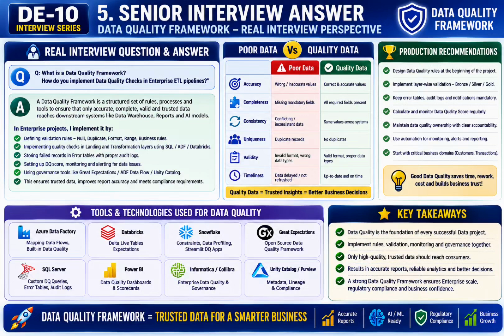All validations are executed during landing and transformation stages. Records that fail validation are redirected to error tables with detailed error reasons. We also maintain audit logs, data quality scores, monitoring dashboards, and automated alerts.